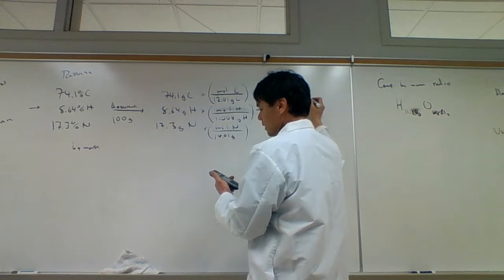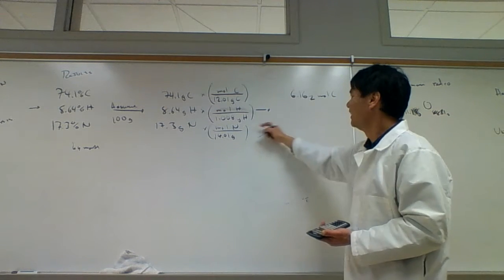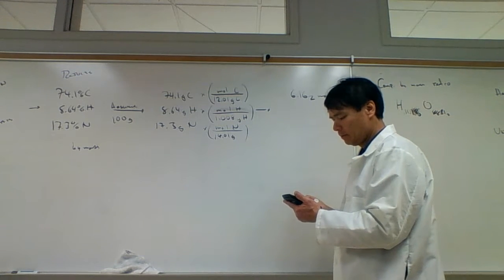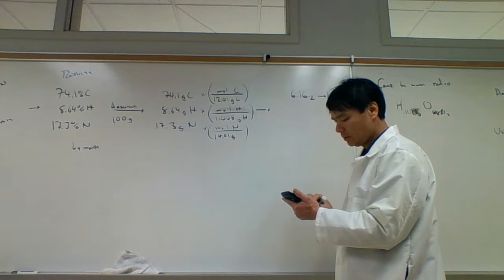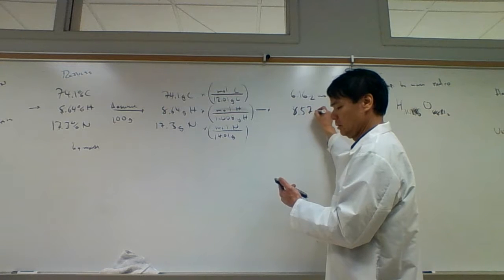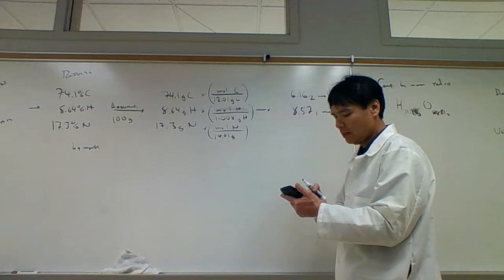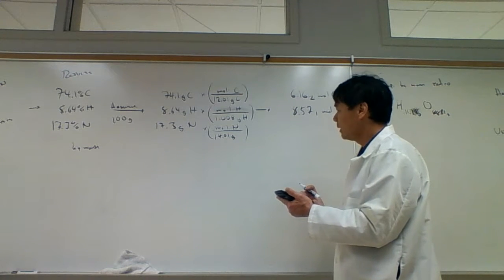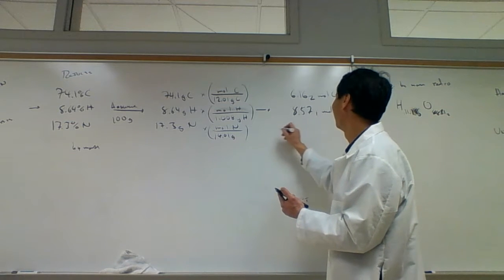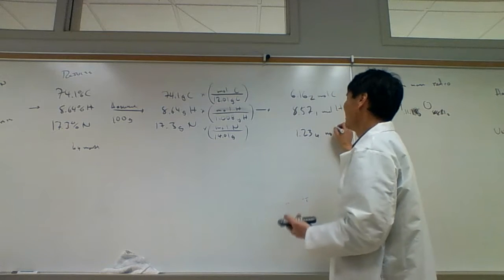I'm allowed 3, so I'll carry 1 extra. 6.162 moles of carbon. And then here I'm going to get 8.64 divided by 1.008, 8.571 moles of hydrogen, and then 17.3 divided by 14.01 gives me 1.234 moles of nitrogen.